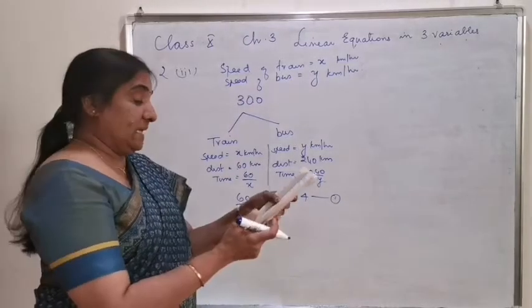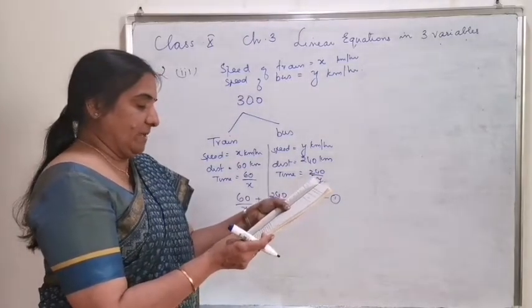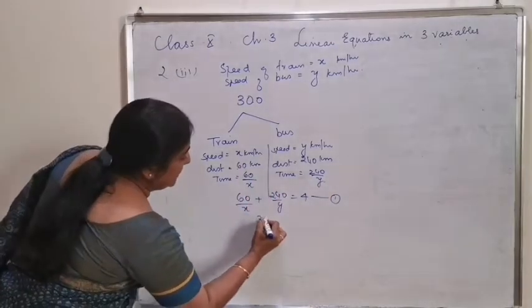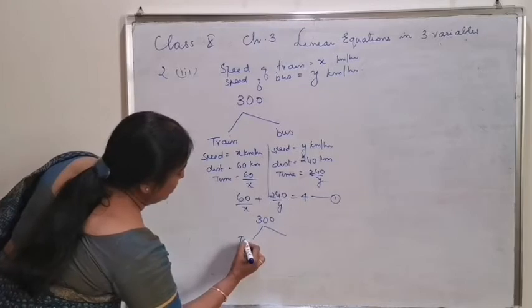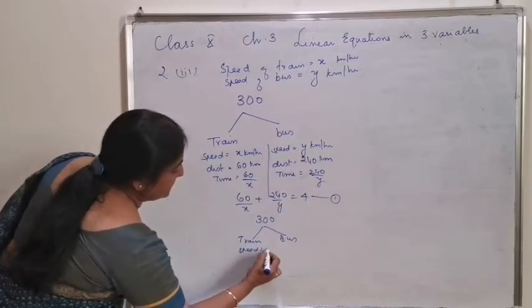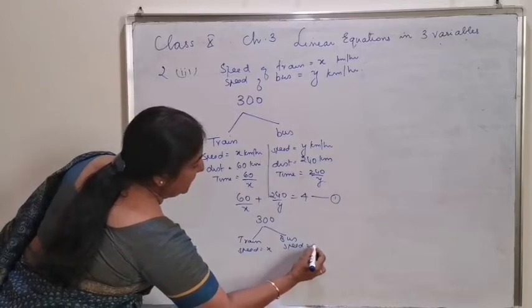What is the second combination? The second combination is 100 kilometer by train. Speed is x and speed is y.